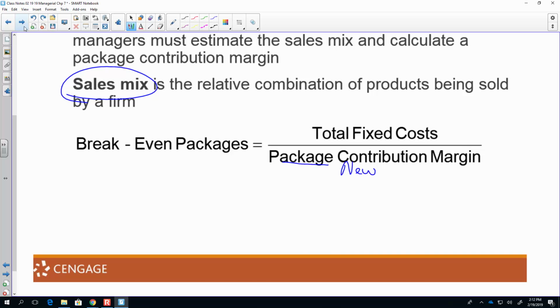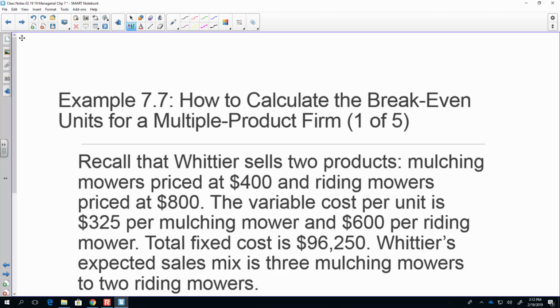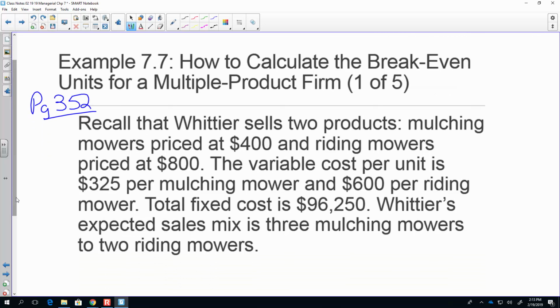The example in the book, which is selling mulch mowers and riding mowers, is example 7, and begins on page 352. And it does a nice job laying out the steps. I like how this textbook lays out the steps. We have 2 products. Obviously their margins are different.